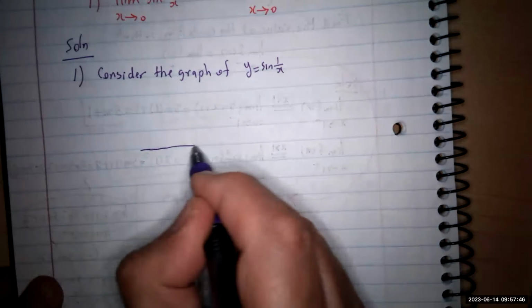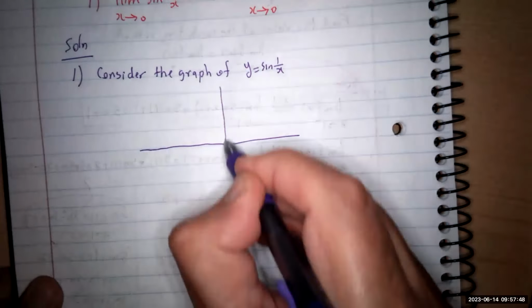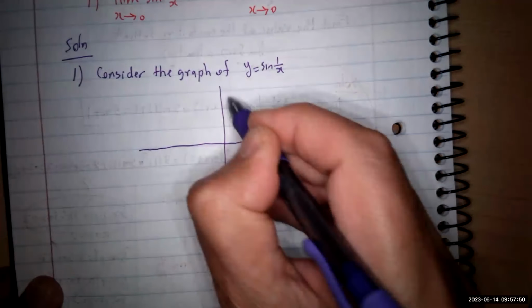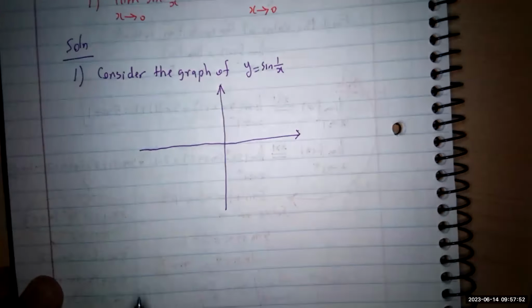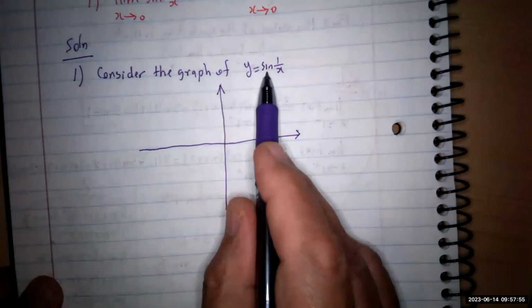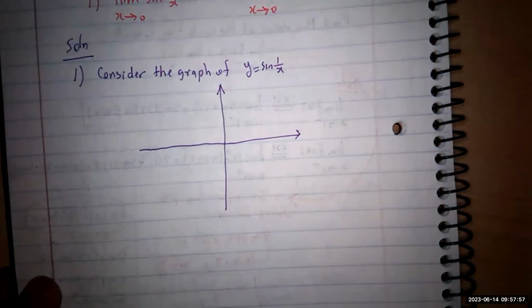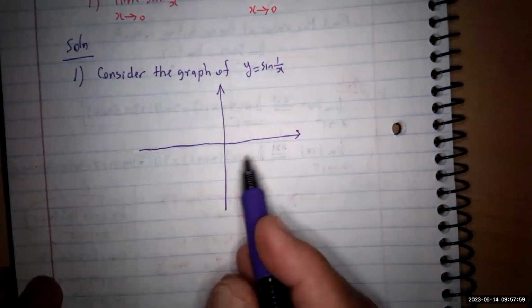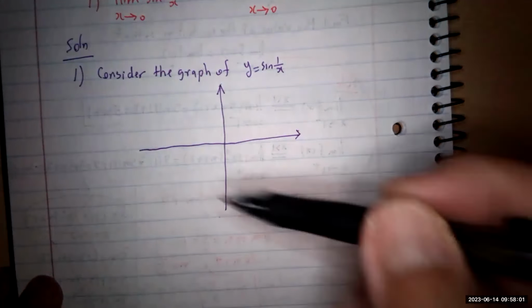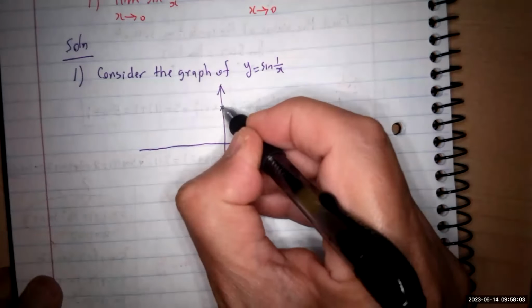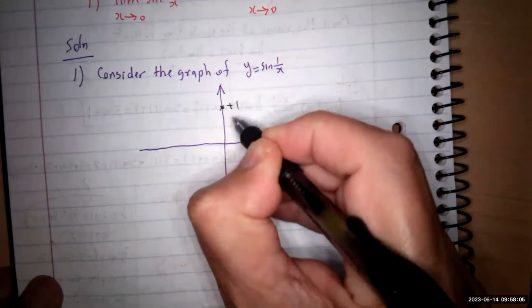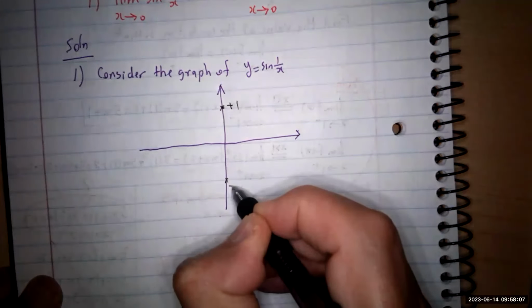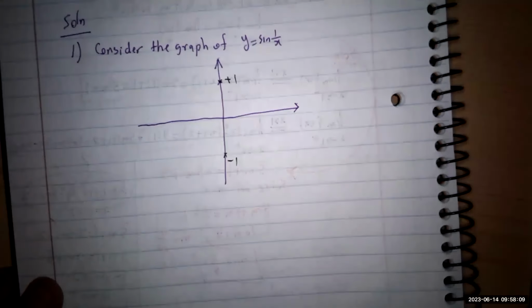If you graph it using your TI calculator, you know that the range of the sine function is between 1 and -1. So the biggest value this function can have is +1, and the smallest value it can have is -1.